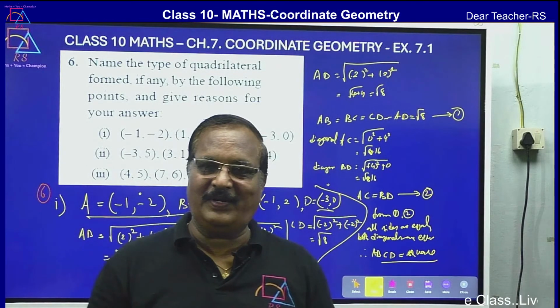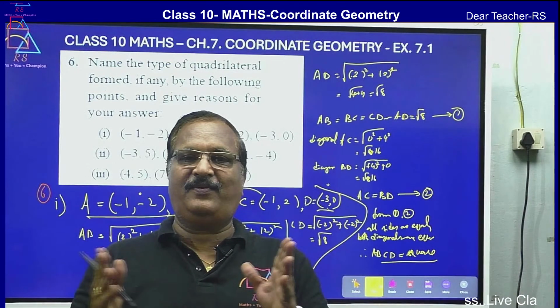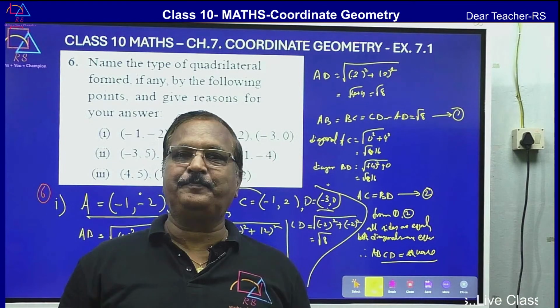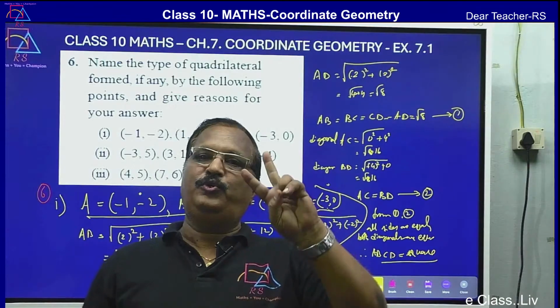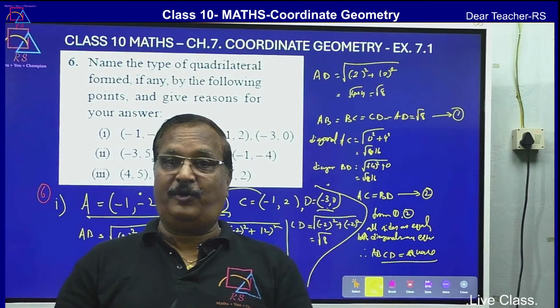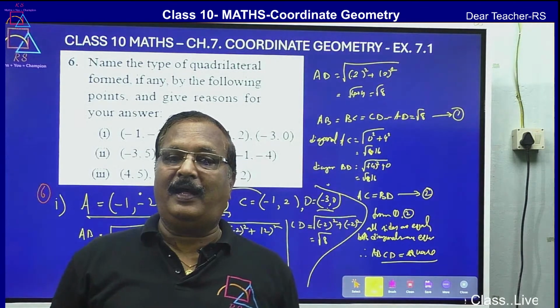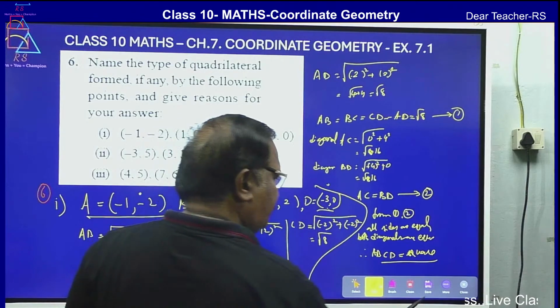So if opposite sides are equal, you cannot decide it is a rectangle. For a rectangle you need two conditions: opposite sides are equal, that means two pairs of sides are equal, and the diagonals are also equal. I hope you have understood.